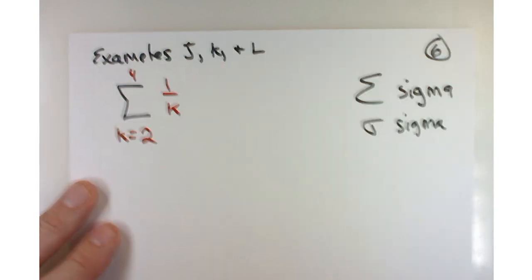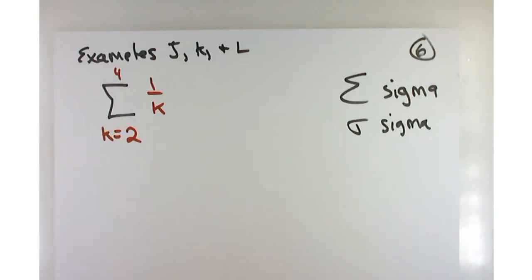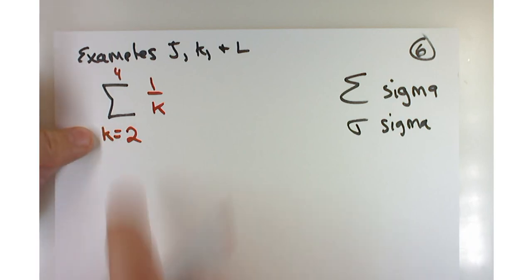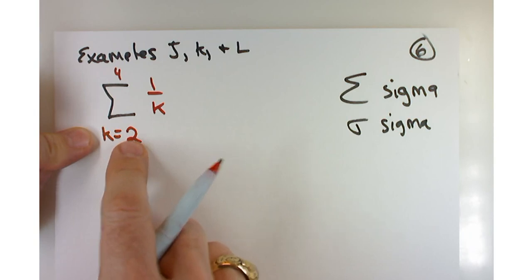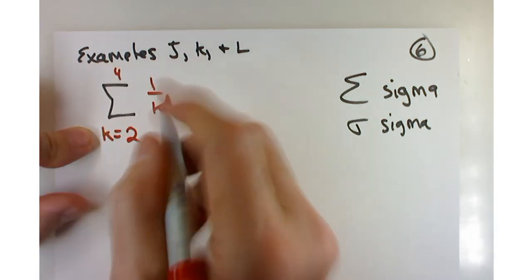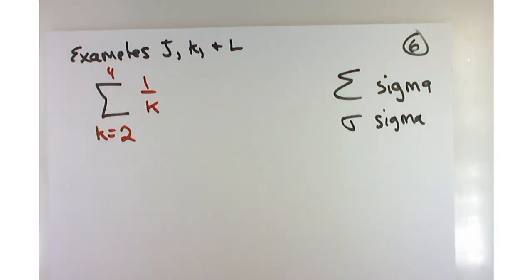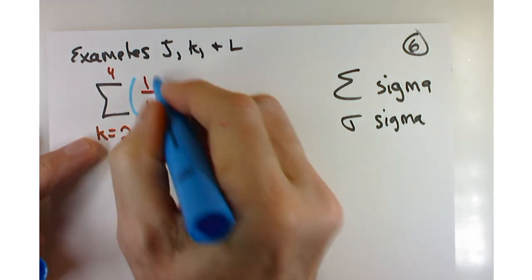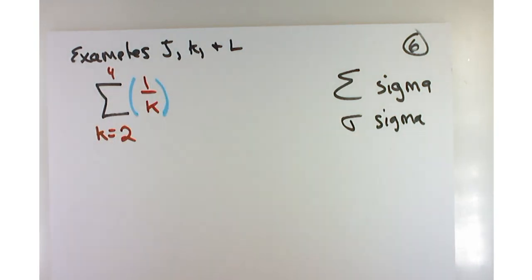It looks messy, but it's not. It's actually wonderfully compact notation. It's asking you one at a time to plug in the integer values between 2 and 4 into this expression here. So let me highlight that in blue. We're going to substitute the values of k into that expression.